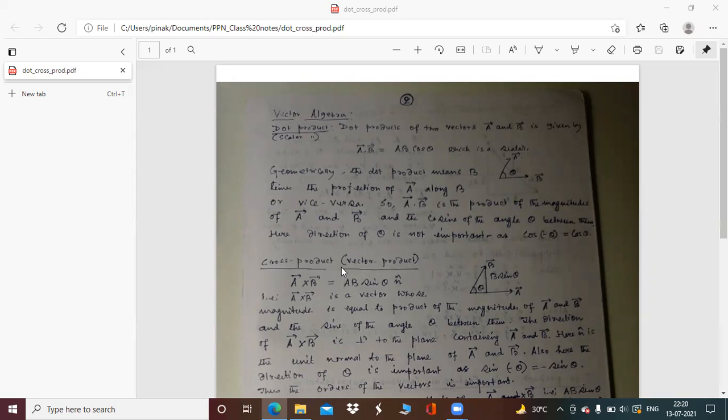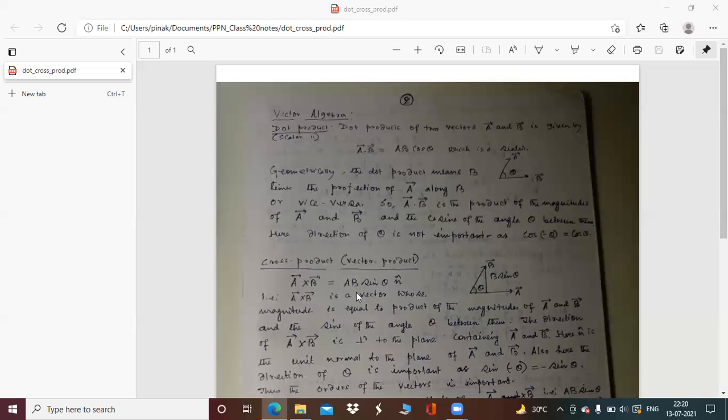Now, cross product between two vectors, which is also called vector product. Now you refer to this figure. Here there are two vectors, one is vector a bar, one is vector b bar, and theta is the angle between them. Then the cross product between a bar and b bar is given by a bar cross b bar is equal to a into b into sine theta into n cap.